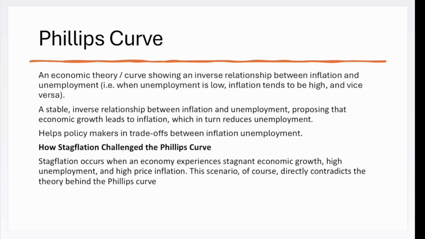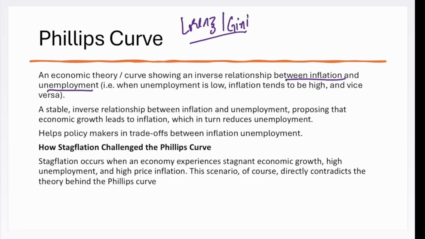Now, there's another very important curve related to this in economic theory, called the Phillips curve. So we understood the Lorenz curve and the Gini coefficient. Now we will take ourselves to another level and understand what we call the Phillips curve. It's an economic theory, or a curve, showing an inverse relationship between inflation and unemployment.